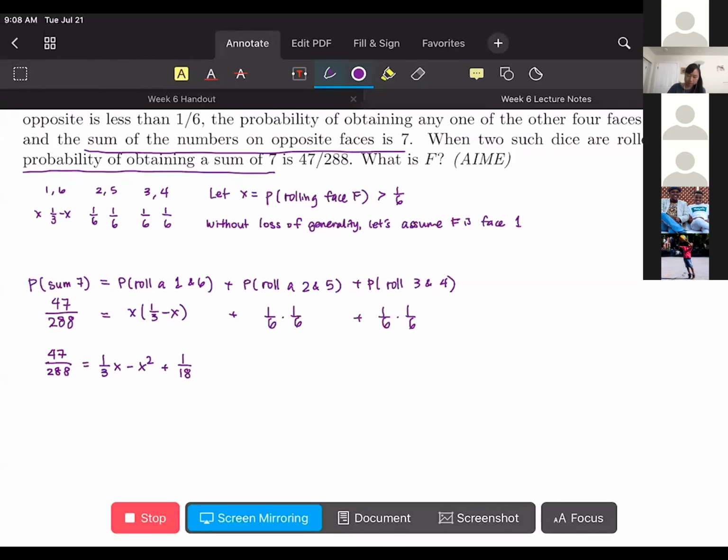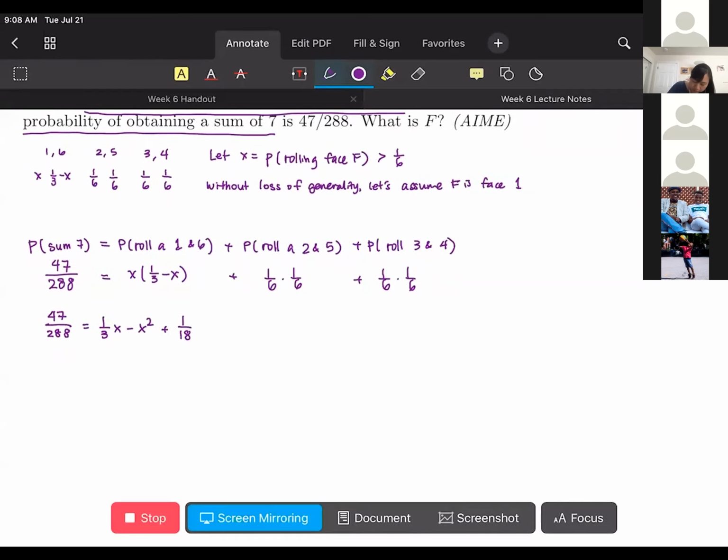All right, so now let's see how we could simplify this. We could combine the constants. We can move everything to one side, which gives us x squared minus 1/3 x plus 47 over 288 minus 1 over 18.